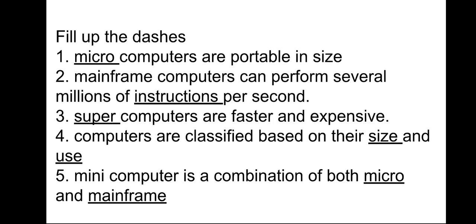Then we will move on to the fourth one. Computers are classified based on their dash and dash. Computers are classified based on their size and use. If it is used in home, or in school, or in some other workstations, depending upon the usage and the size, the computers are classified.